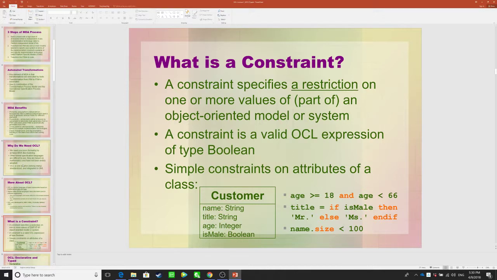So we put these 3 constraints there, which are pretty easy to understand, even if you have not learned anything about OCL yet. And with these 3 constraints, it largely extends the capability of the traditional class diagram.